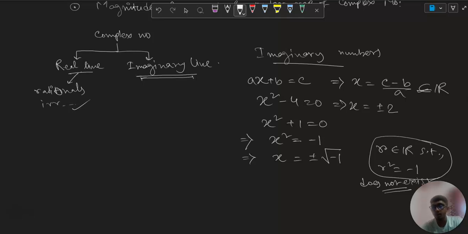That's why we define iota as root under minus 1. Sorry, root under minus 1. Iota. So basically i is equal to root under minus 1. And this is called iota.